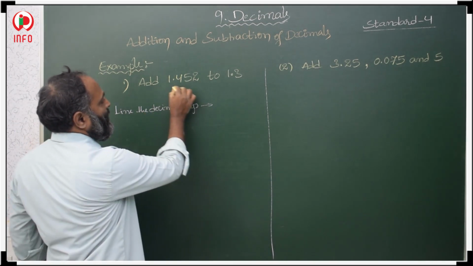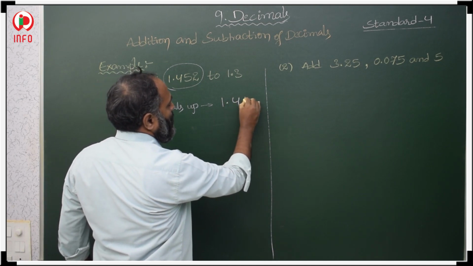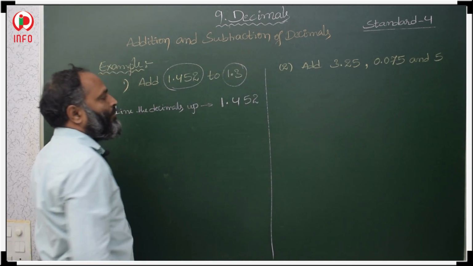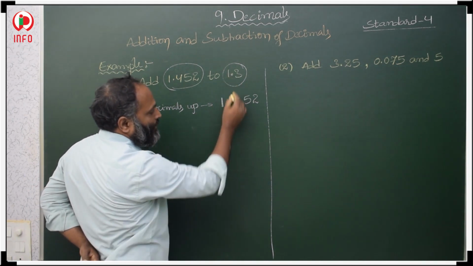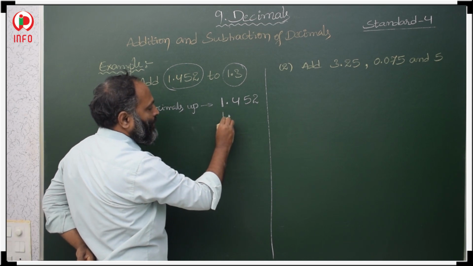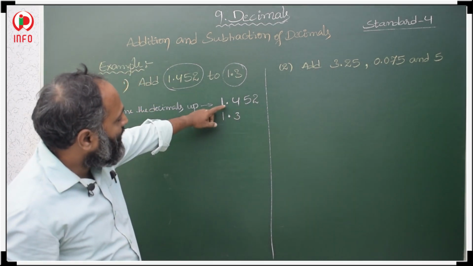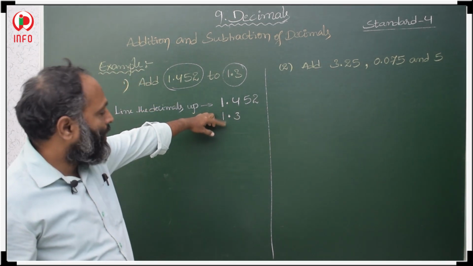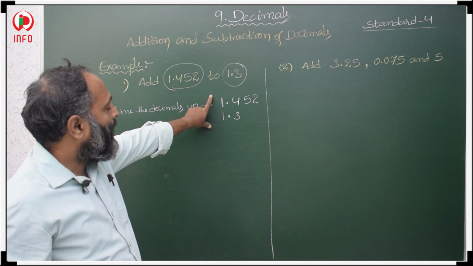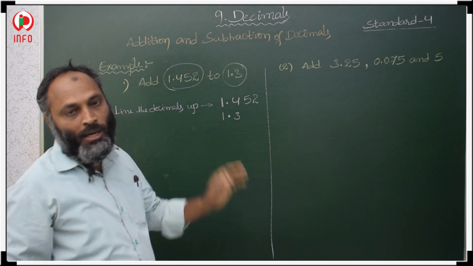So how do we arrange the decimals? First we write the first decimal number, 1.452, and below it the second decimal number, 1.3. First write the point, then 1 before the point and 3 after it. The decimal point and decimal point must be in one line, ones place below ones place, and tenths below tenths place.